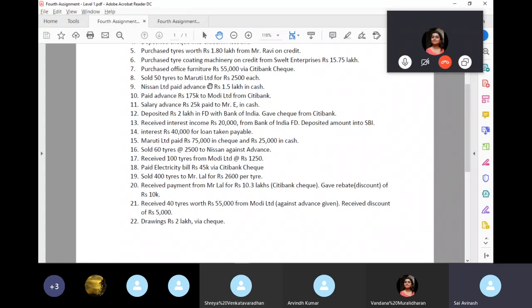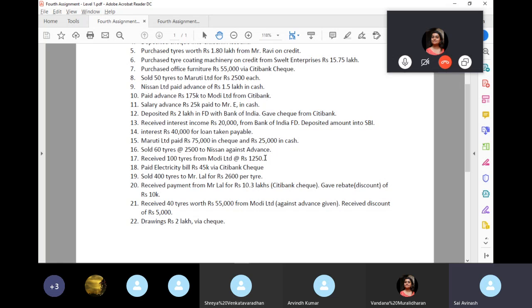So the transactions above give me an idea that the value of a tire is 2,500, 2,600 in this case over here, right? So the common sense is a tire is worth at least 2,000 to 3,000 rupees. So just because I don't have the word each here does not mean that I'm purchasing 100 tires for 1,250. So the each is implied. Okay, that's where you use your common sense.